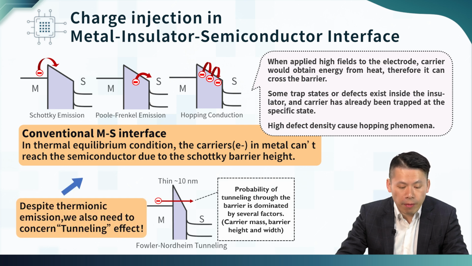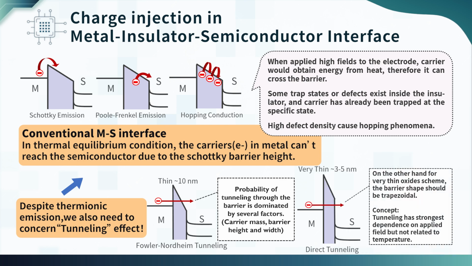On the other hand, another charge injection we should be careful about is, for example, FN tunneling. This mainly happens in a dielectric thicker than 10 nanometers. Or the direct tunneling, which happens in a very thin dielectric. In this case, tunneling has a stronger dependence on the applied field, but is not related to temperature.